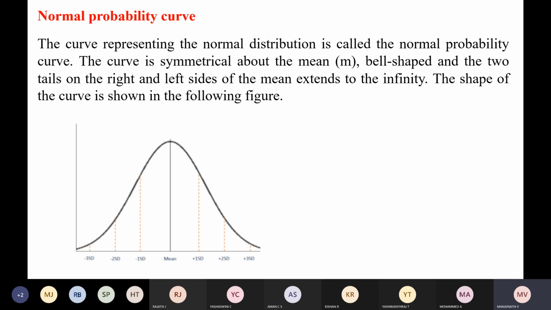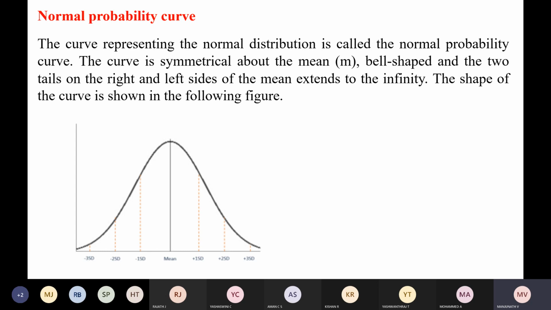Left tail and right tail curve. This is left side and right side, you can see. Any value which is less than the mean falls in the left tail.